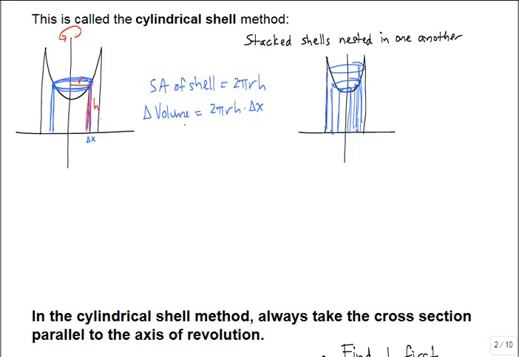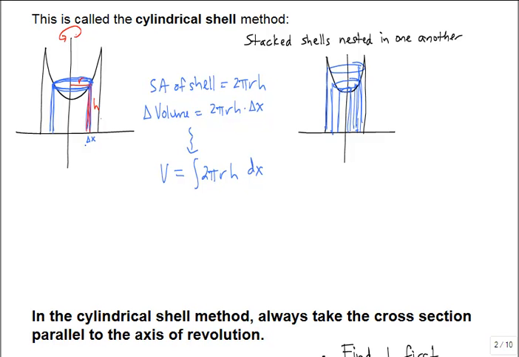If we add up all those little shells and we accumulate them and sum them all up, then these become a definite integral. And this delta x becomes our dx, and what we're integrating is 2 pi r h dx, and then our bounds would be whatever x changes from.